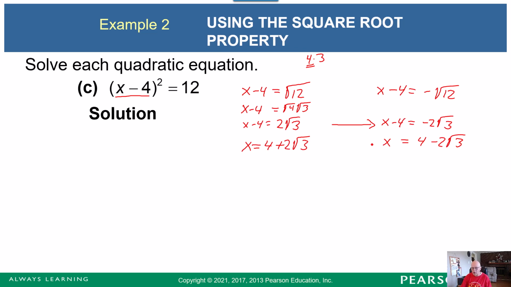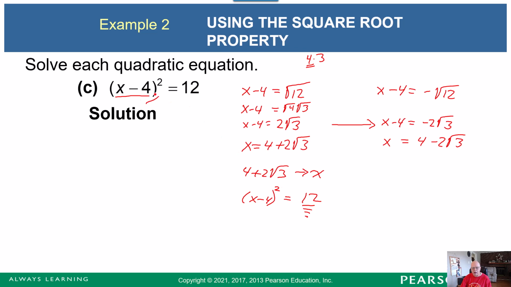What would be really interesting, and because you have calculators, you can do this really easily. If you take the 4 plus 2 square root of 3 and store it in x in your calculator, then type in x minus 4 squared, and you should get a 12.